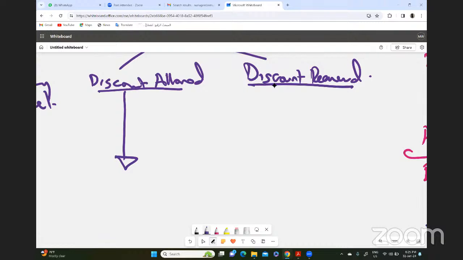Now, a discount allowed relates to, we give it to who? Is it we are giving it, not so? A discount allowed, it is the entity giving. Are we together? It is the entity giving that discount. And it is giving it to the customer, not so?